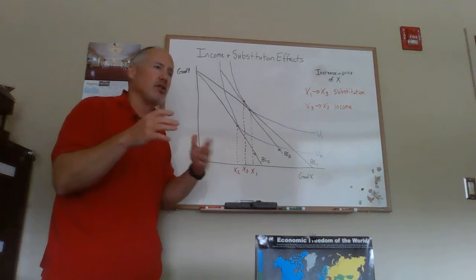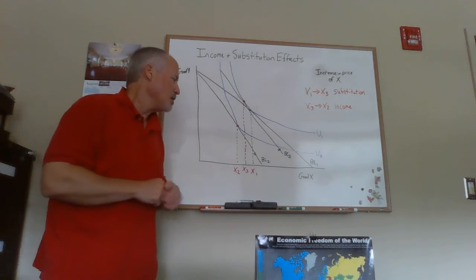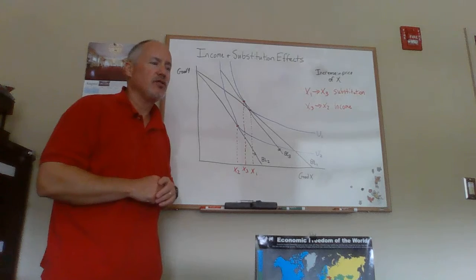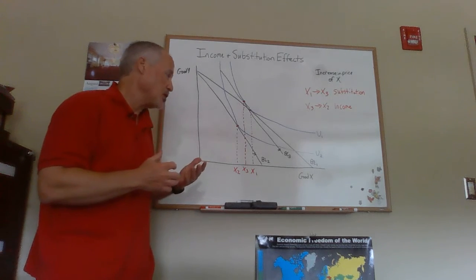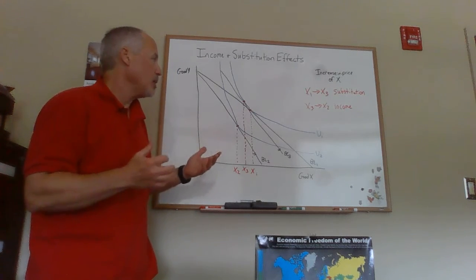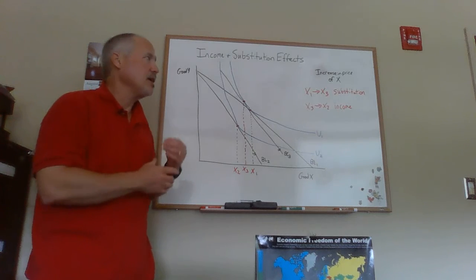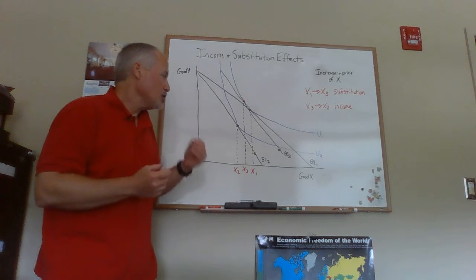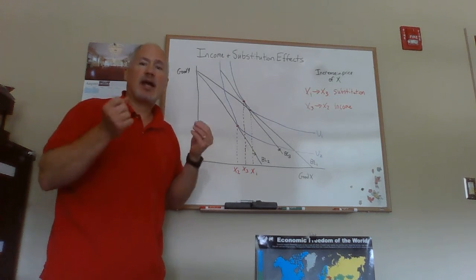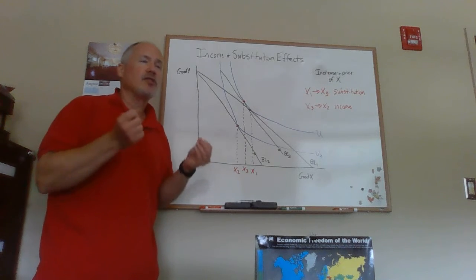It's the amount by which this person is going to adjust their consumption of good X in response to the price change. But we can break that down into two parts: a substitution effect and an income effect. The substitution effect is always going to be in the opposite direction of the change in price.